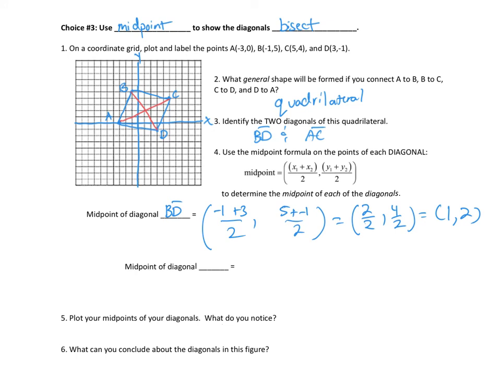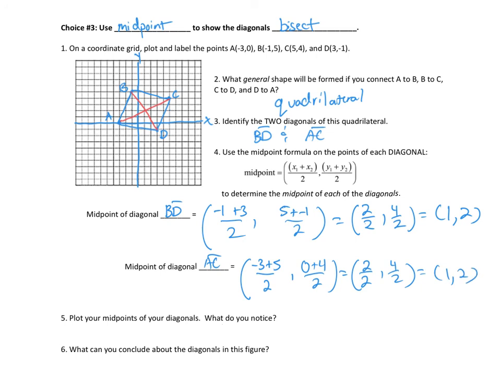Same thing here. Let's do AC, which is negative 3 plus 5 divided by 2. Wait, AC, oops, wrong coordinates. C is 5. The y's are 0 plus 4 divided by 2. This gives me 2 divided by 2 and 4 divided by 2, which is 1 comma 2.